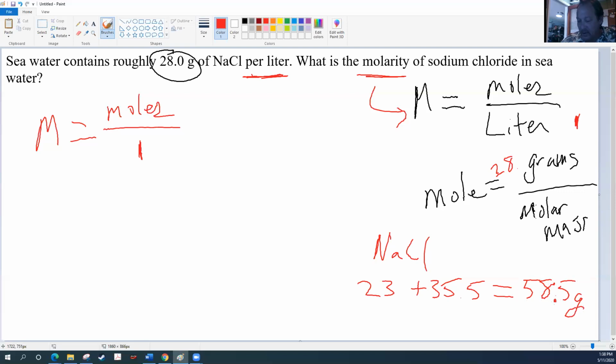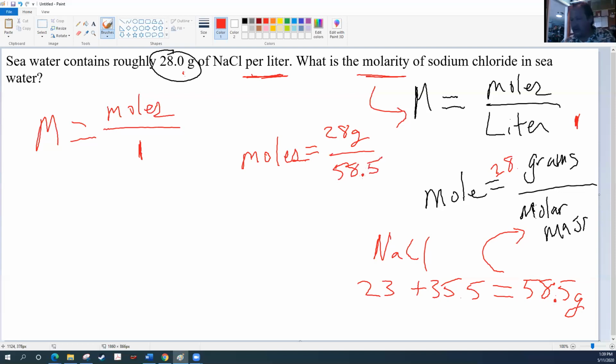That's our molar mass, so that's going to go right there. So again, moles equals 28 grams, because that's what we had up here, and our molar mass is 58.5.